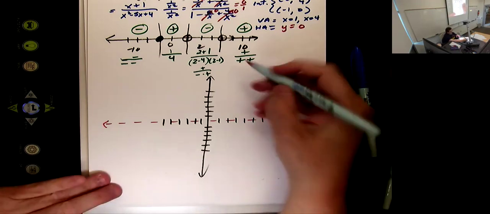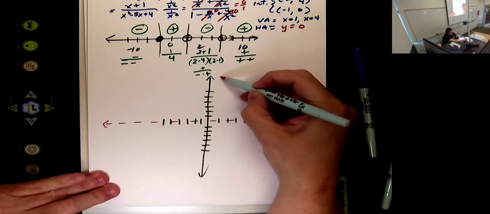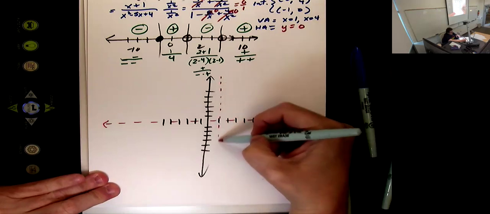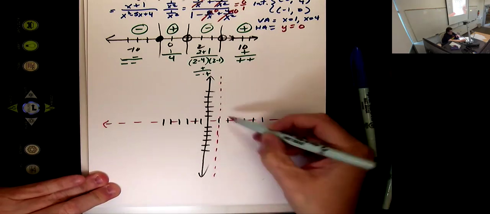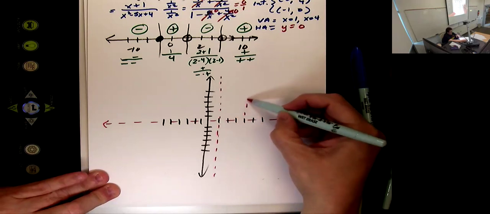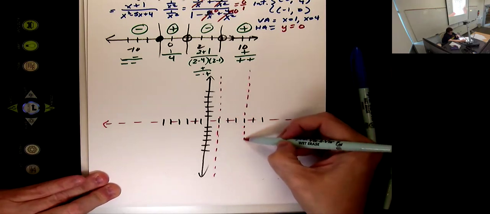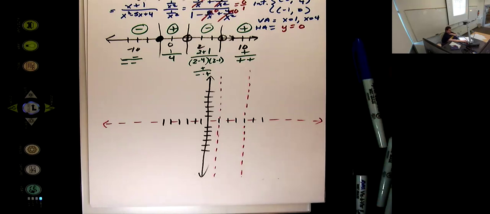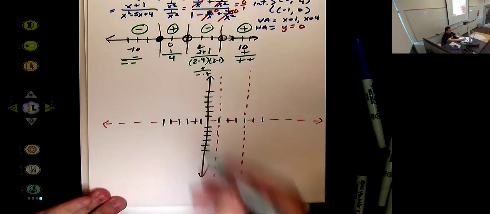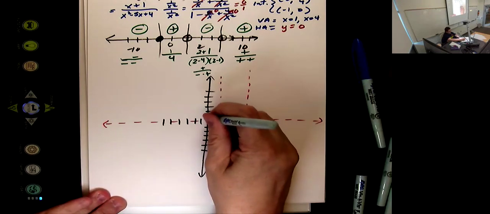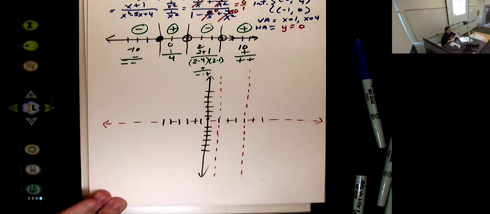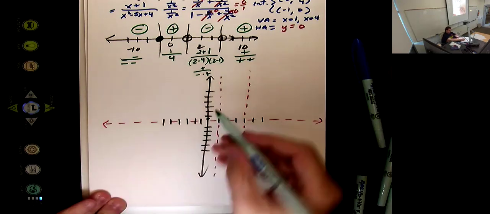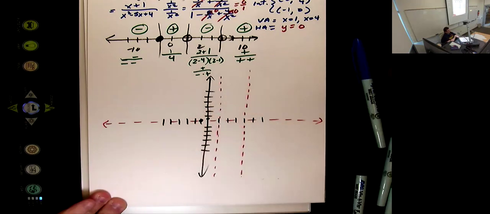My other asymptotes are x equals 1, and x equals 4. All right. I have a y-intercept at 0, 1/4, which is just barely above the x-axis. And I have an x-intercept right there, -1.